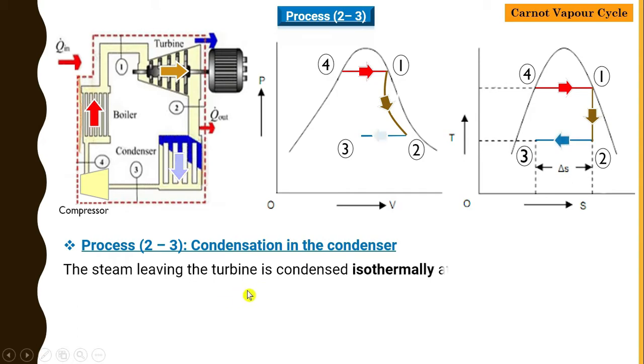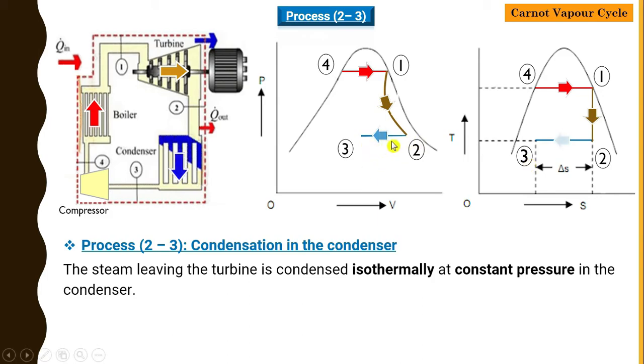The steam leaving the turbine is condensed isothermally at constant pressure. So steam will be leaving the turbine from 2 to 3, it will be condensed isothermally. On the TS diagram we can see that temperature is constant. So at points 2 and 3 temperature is constant, so it is isothermal.